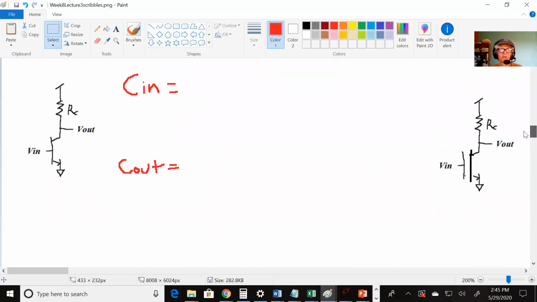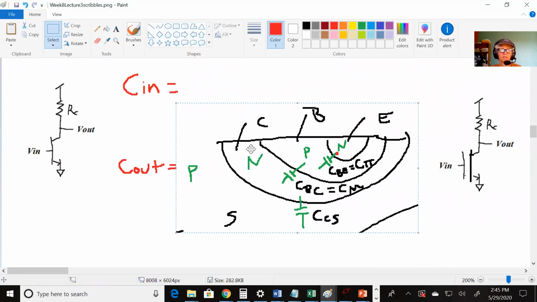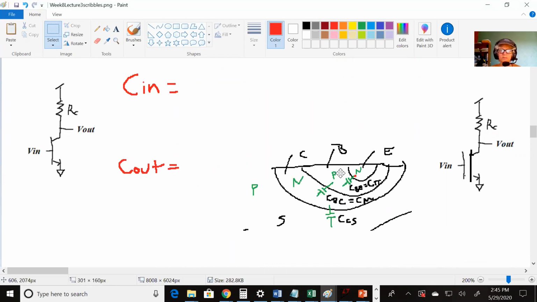See if this will fit someplace. Okay, let's give this a go then. For C in, what did you get?